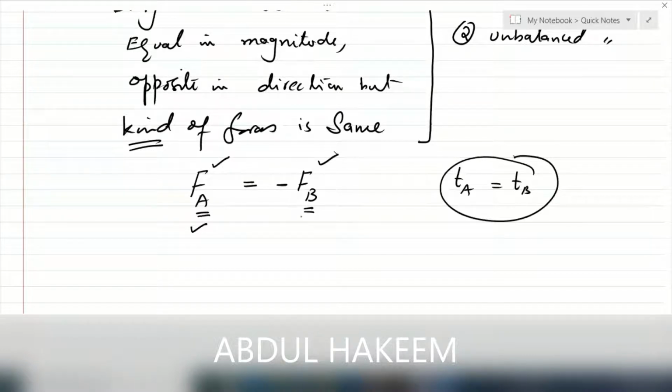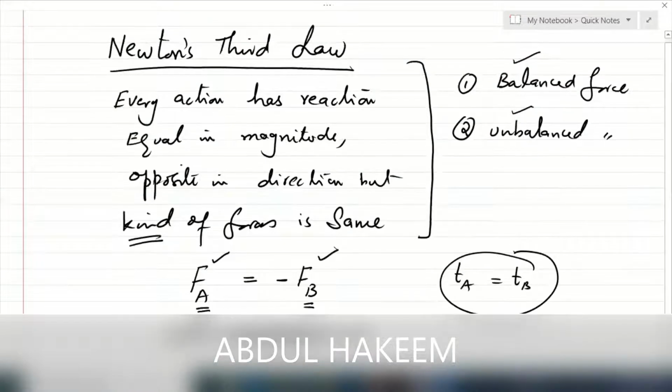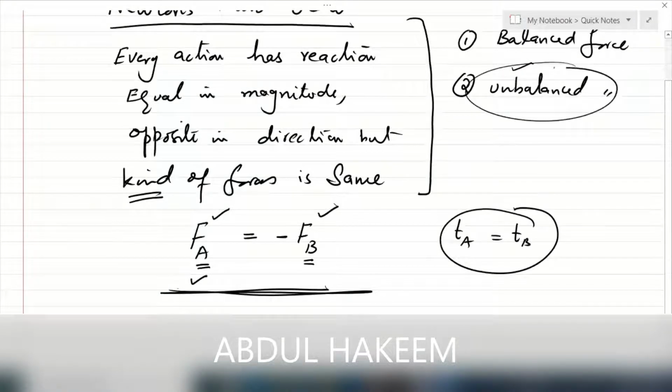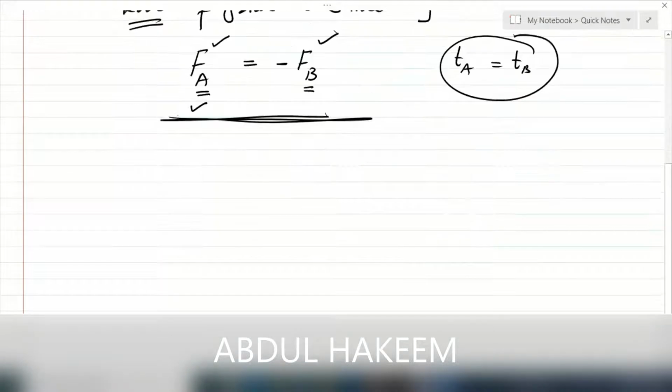Okay, this is the formula for both kinds, balanced and unbalanced. But if it's confirmed that both forces are unbalanced, then according to Newton's second law, every unbalanced force is equal to change in momentum over time. Meaning the rate of change of momentum is equal to an unbalanced force. So we can replace these forces.